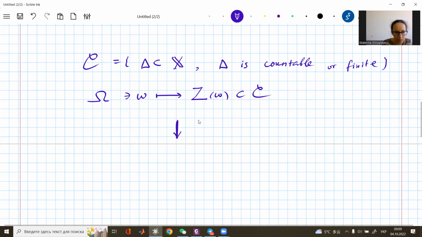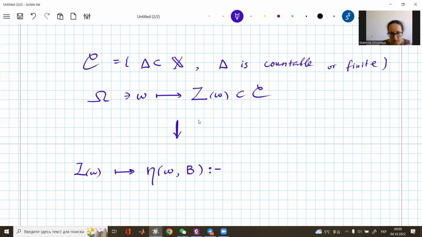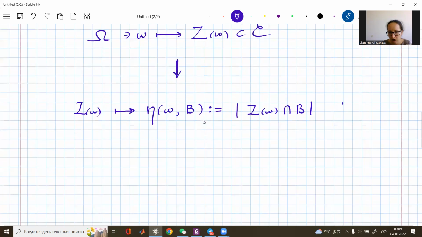If I have some random configuration Z, and it depends on omega, I put into correspondence a measure I will denote by nu, that depends on omega and on a subset B. And I will define it as a number of points, so I will use this modulus, the number of points in configuration Z of omega that belong to subset B. And this value I will calculate for all subsets B.